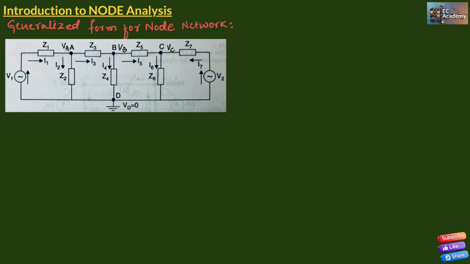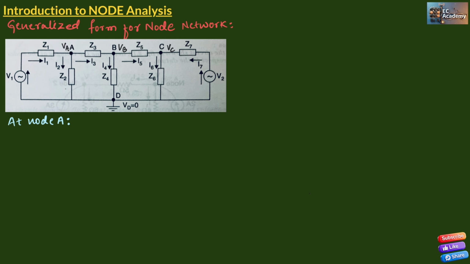Now, at node A, with respect to VA, it will be VA into (1 by Z1 plus 1 by Z2 plus 1 by Z3). With respect to VB, we can write 1 by Z3, and with respect to V1, we can write 1 by Z1.